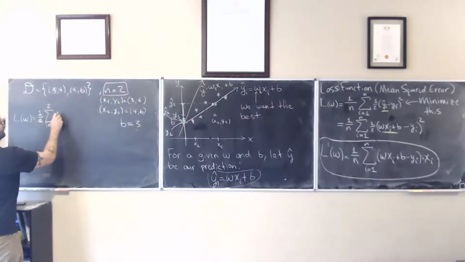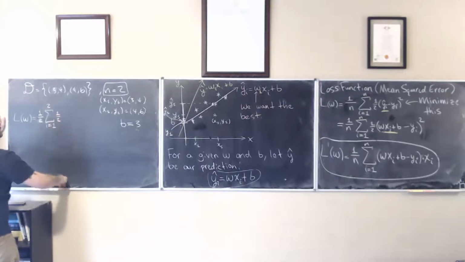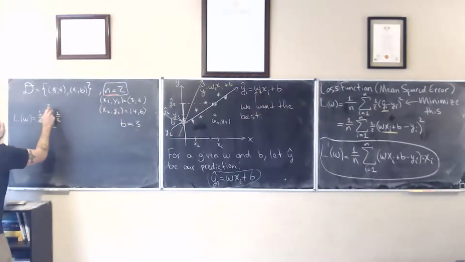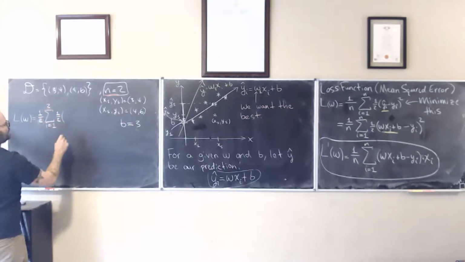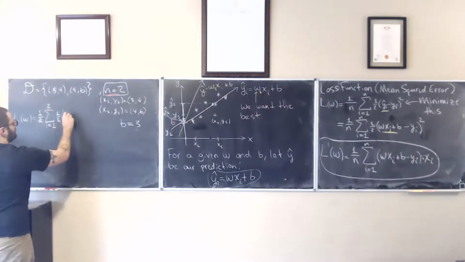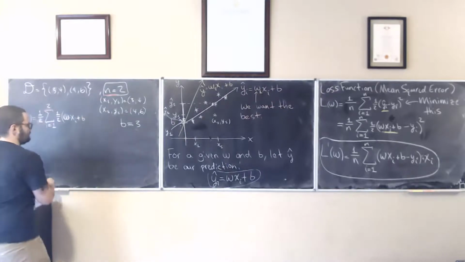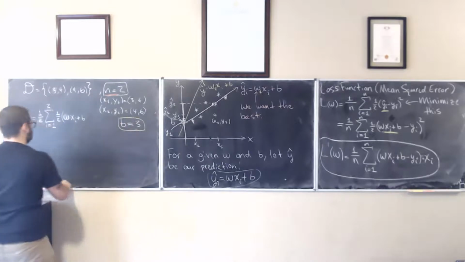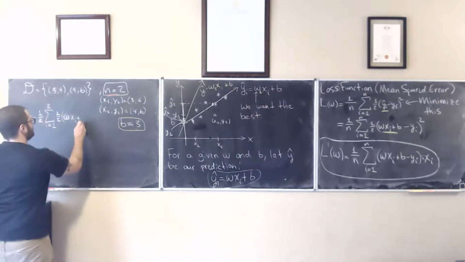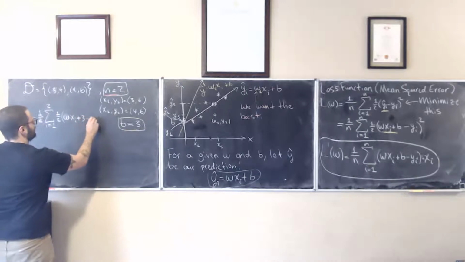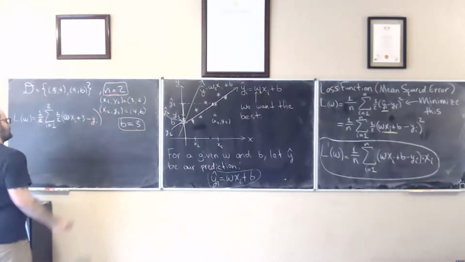And then we have the sum over n of w times xi plus b, well, b is now 3, minus y, squared.